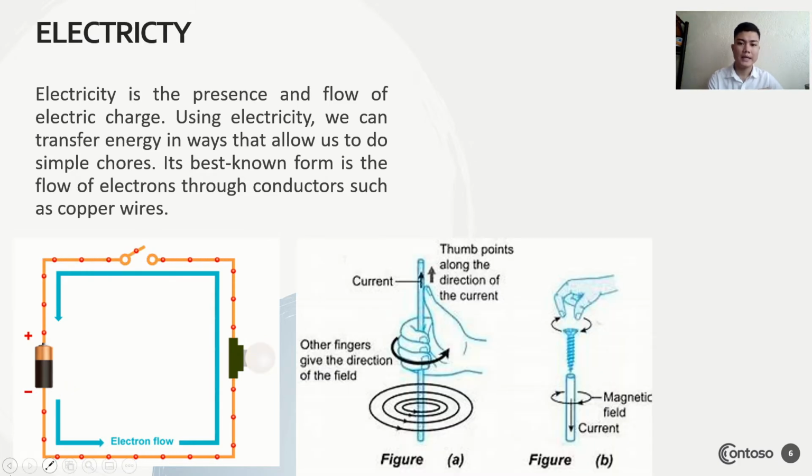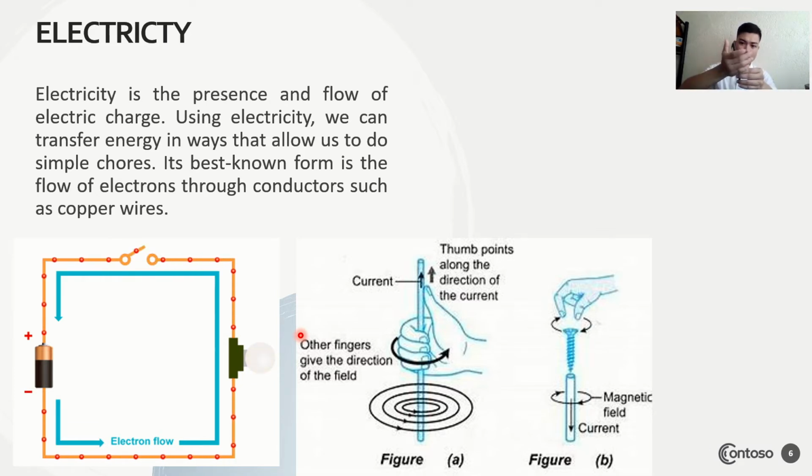Okay, now you must remember this because it would be helpful whenever you take exams. It's what we call the right hand rule. For you to know the direction of the magnetic field, all you need to do is grab the wire like this. For example, this is my wire, and this is the direction of the current.